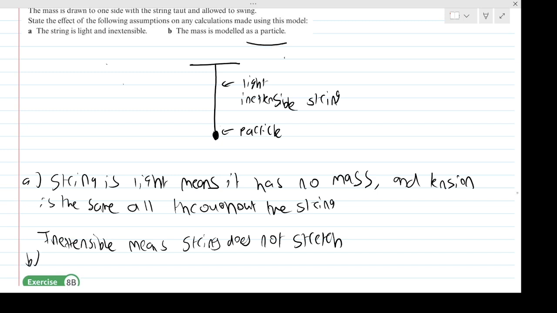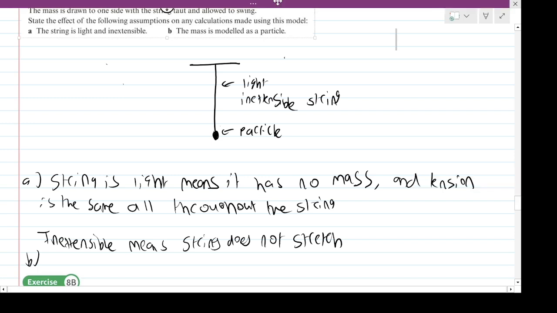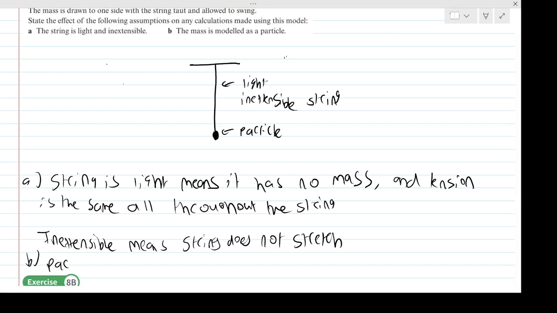Part B then, it says the mass modelled as a particle. What does a particle mean? Well, as we just looked at, particle is probably the most common assumption, the thing you will use in mechanics. You use it all the time. Particle means essentially it models the object as a single point, so it's dimensionless pretty much, which means, for example, its mass has to all act around a single point because the object itself is a single point.